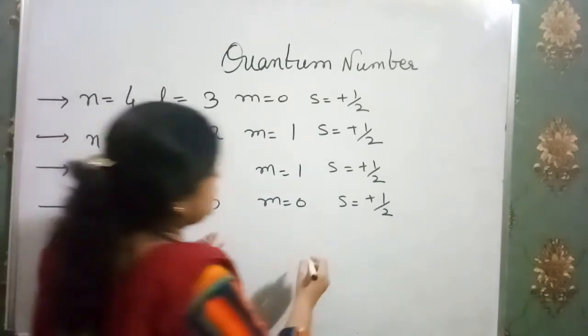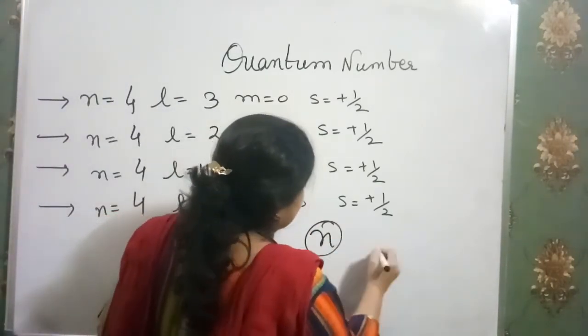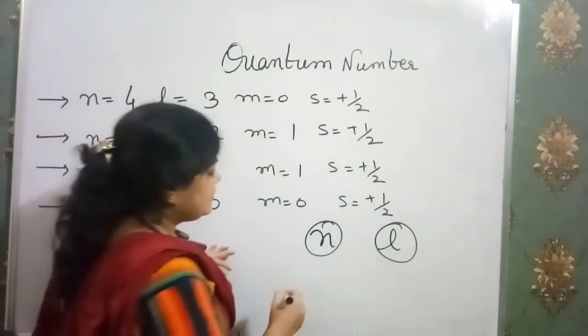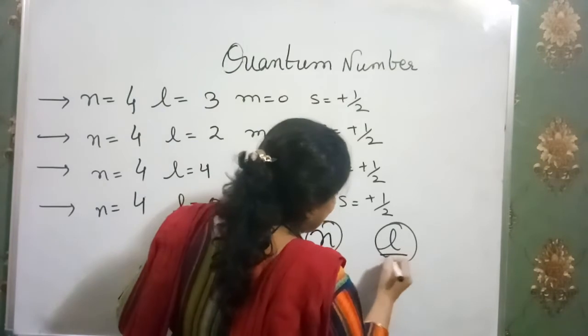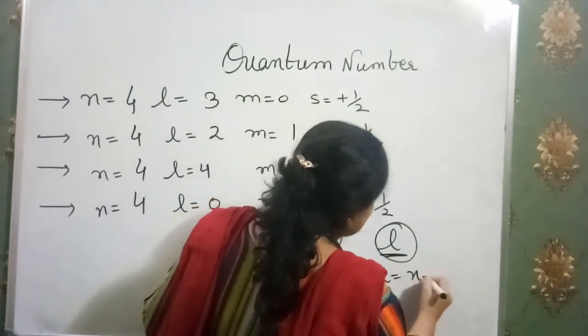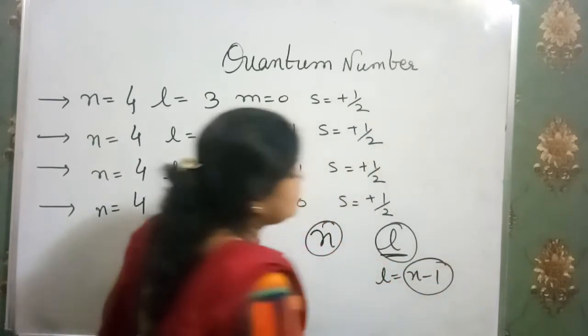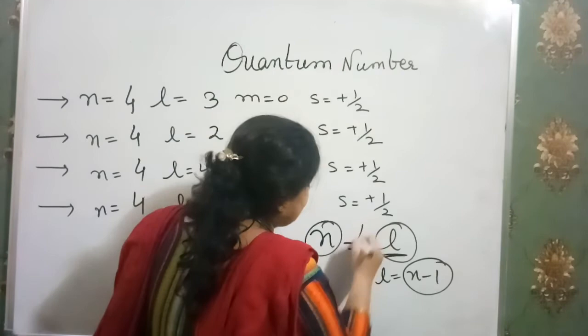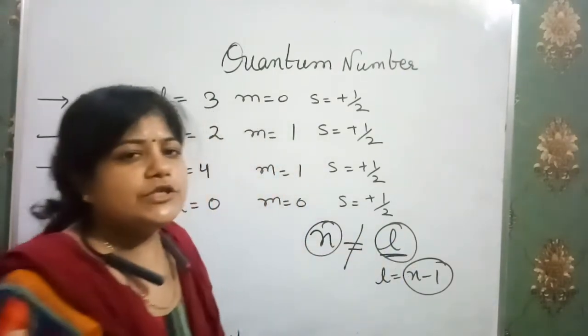We generally check the values of n and l first. For that, the value of L should be less than n by at least 1. The values of n and L should never be equal to each other.